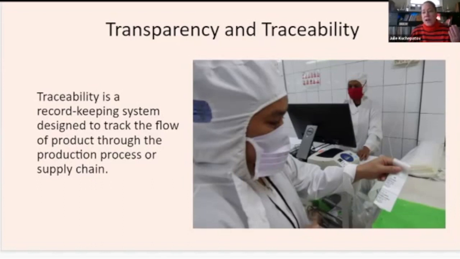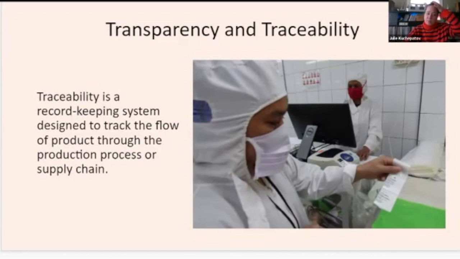And I mentioned the IUU fishing. A way to combat IUU is to have a robust traceability system. And traceability is a record-keeping system designed to track the flow of product through the production process and supply chain. So this is super important.